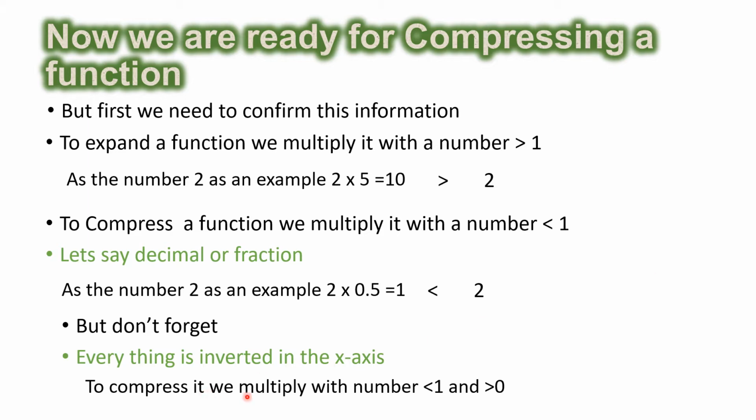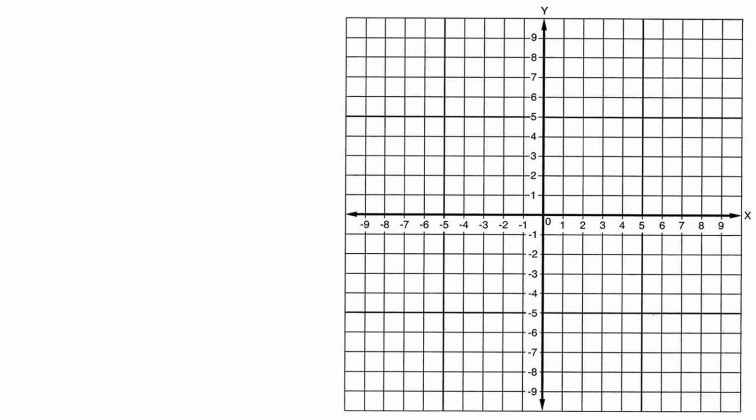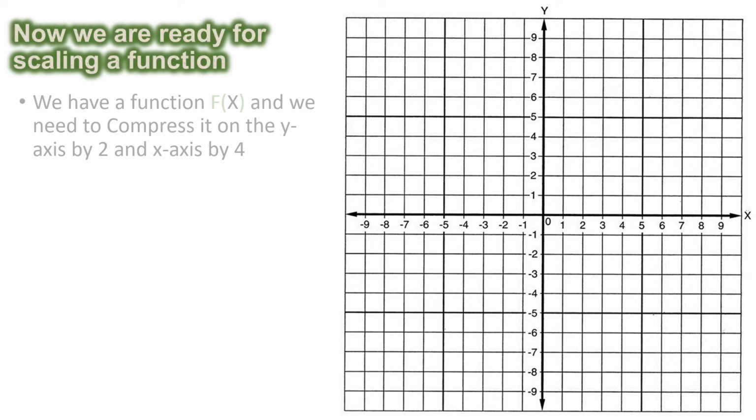Okay, to compress it, we multiply with a number bigger than 0 and smaller than 1.